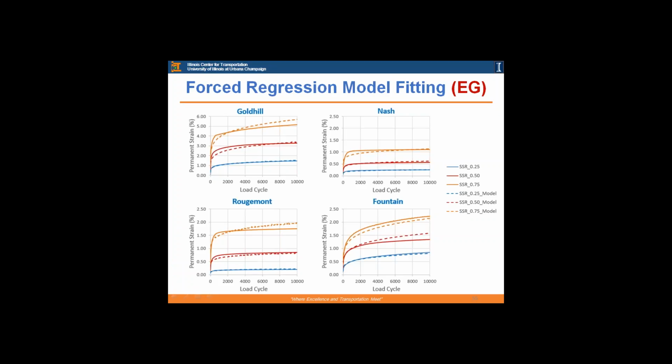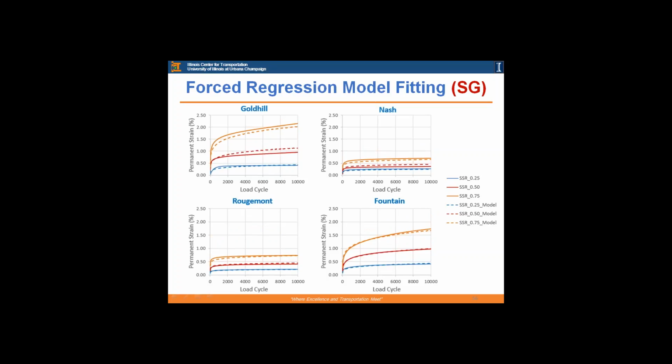They do predict the permanent deformation within good ranges. Coulter, for example, is one of the most extreme cases. We have 5.1% in the experimental results, and then 5.5% prediction with the model parameters after forced regression. So these are actually good approximations.